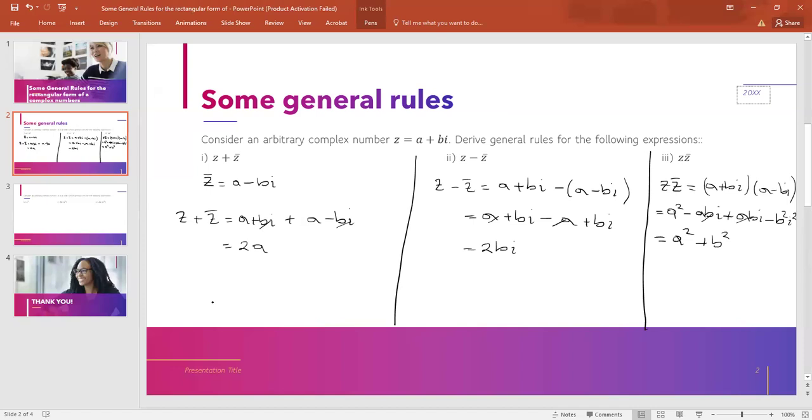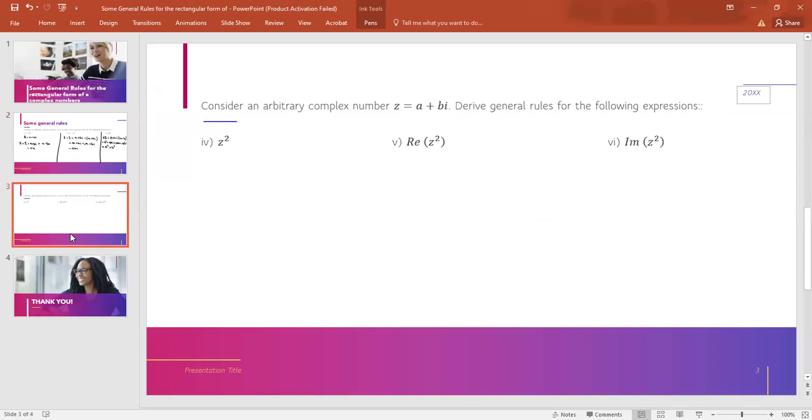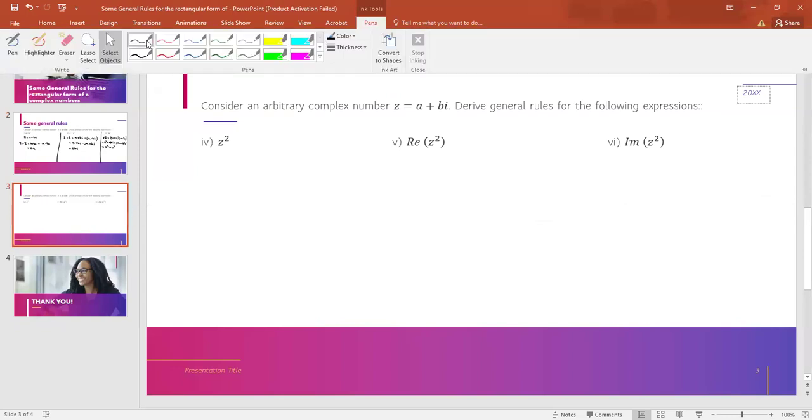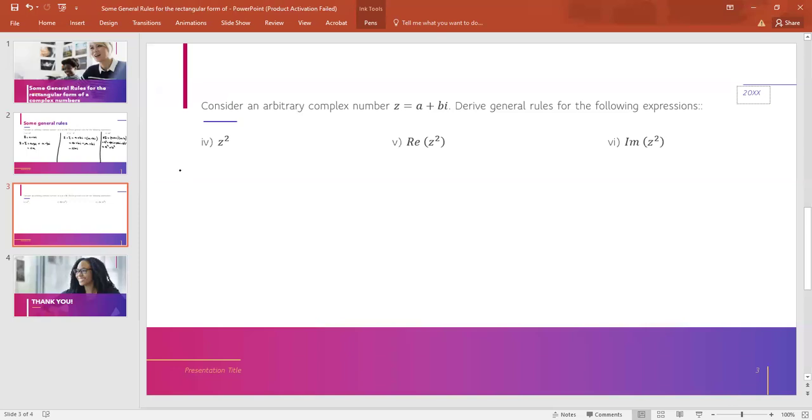So we're going to consider the general rules for the expression z squared, given that z equals a plus bi. We're going to have the general rule for the expression z squared equal to a plus bi times a plus bi.